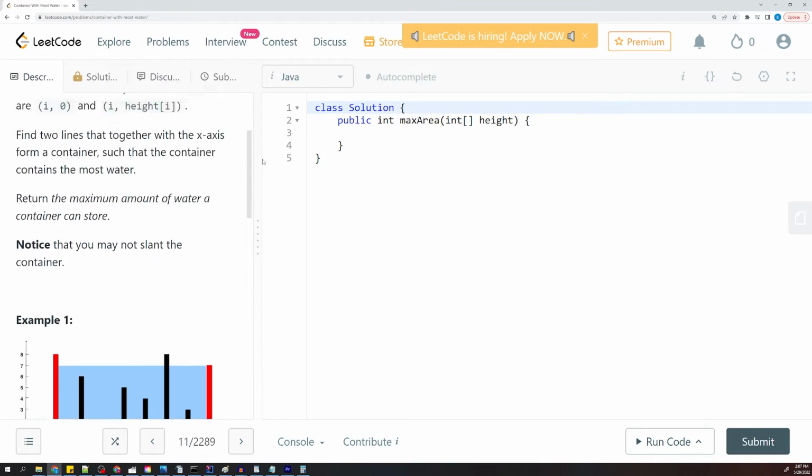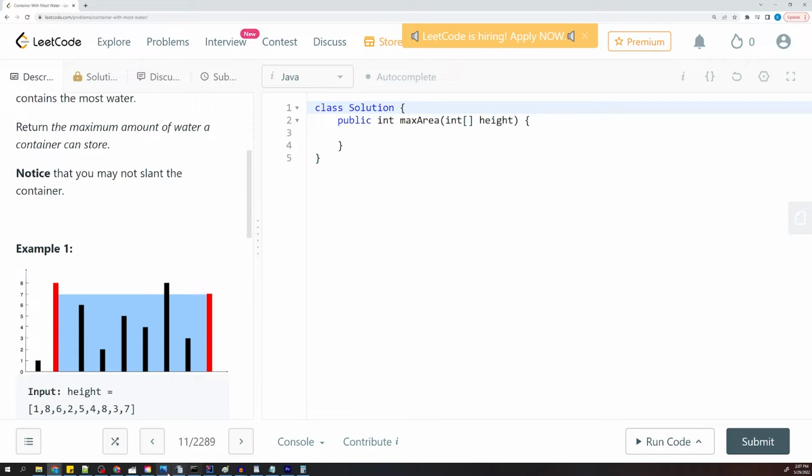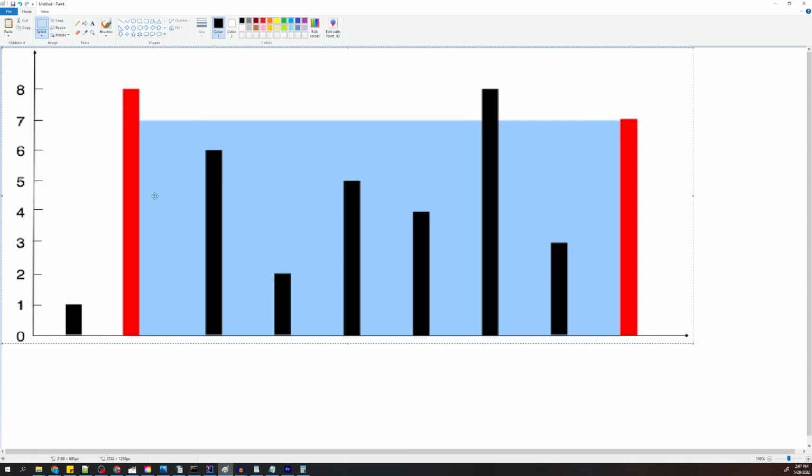And so example one, I've already got it out over here. So right here, this is our array, and our array has heights. So this would be our array at 0.